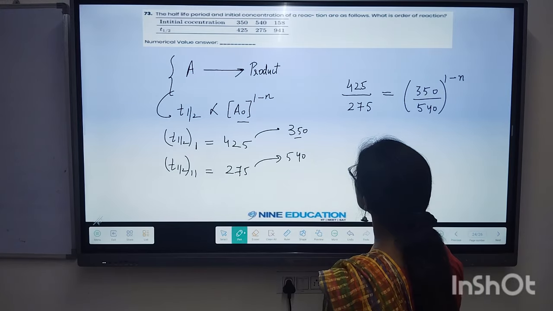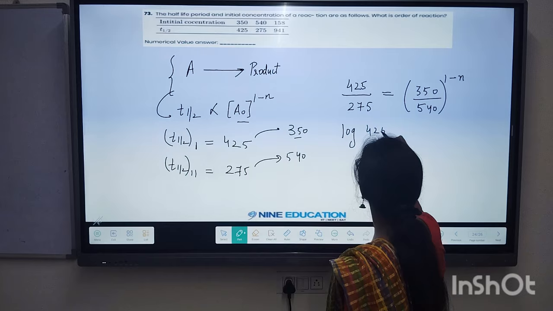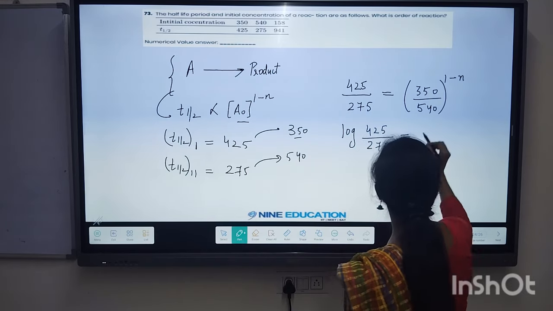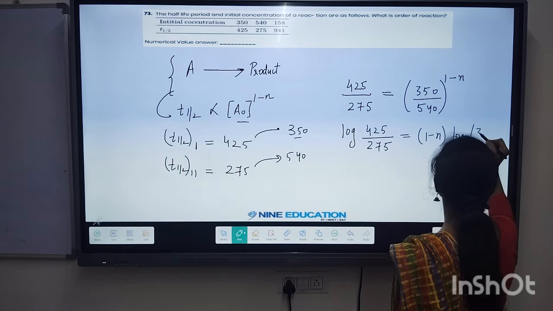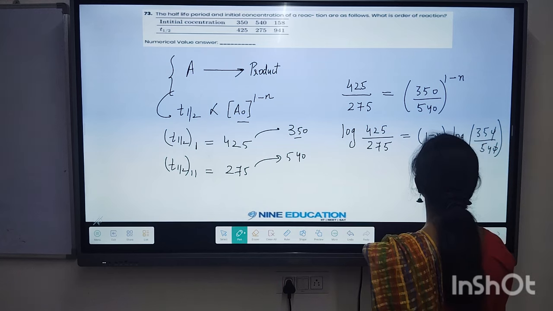Now, in order to solve for the value of n, we shall take log on both sides. We will have log 425 divided by 275 equal to 1 minus n times log of 350 divided by 540.